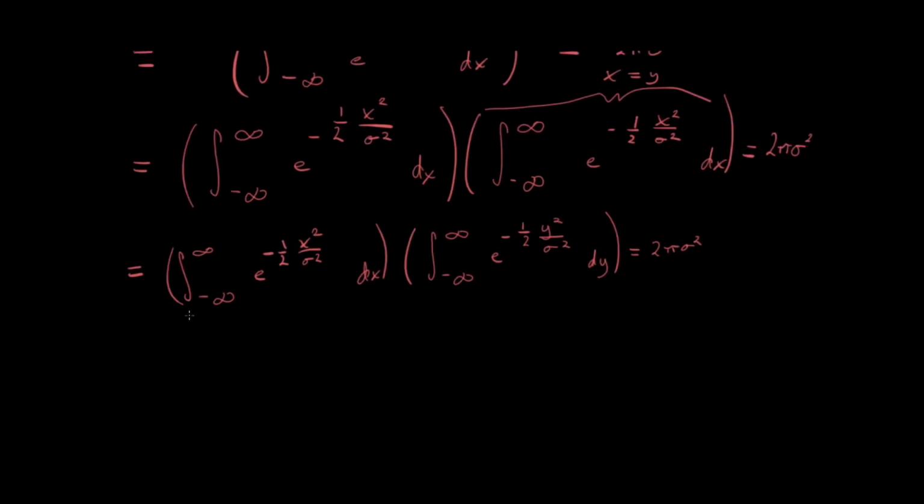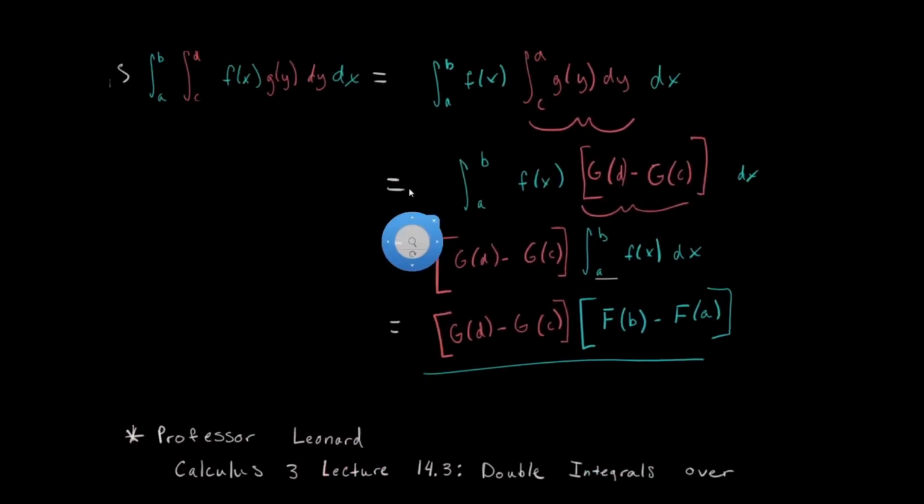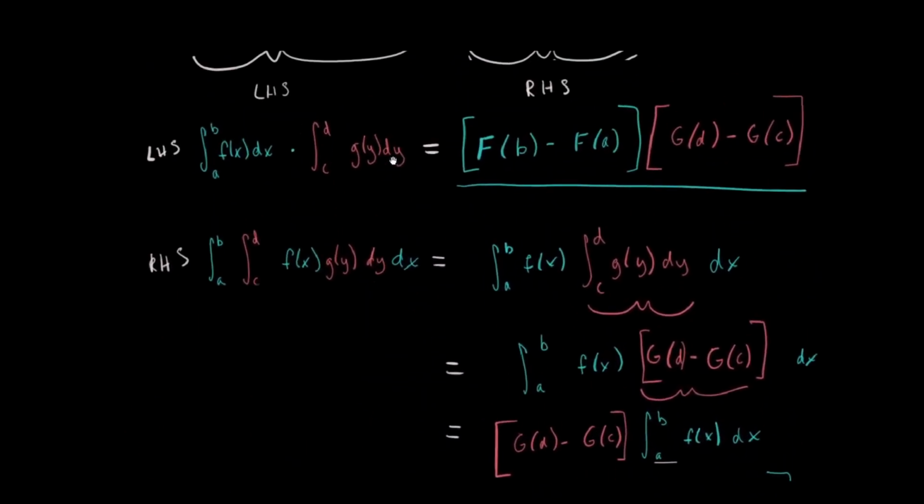Okay, so we went through and made that substitution. Now I'm going to call upon one of our previous videos. We actually proved that if you have two definite integrals being multiplied by each other, you can combine them. That is referring to this proof that we did up here.